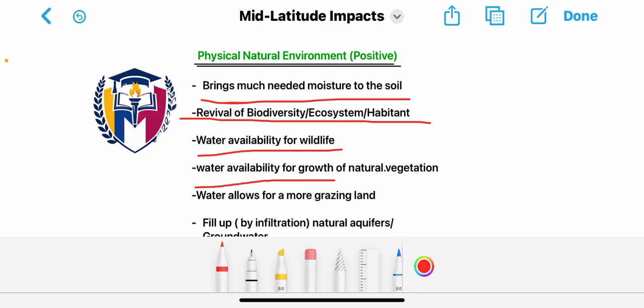Okay. Water availability for growth of natural vegetation. Okay, natural vegetation, we're speaking about trees, plants, grass, all kinds of natural vegetation that we can see around us. They begin to grow because there is much water.